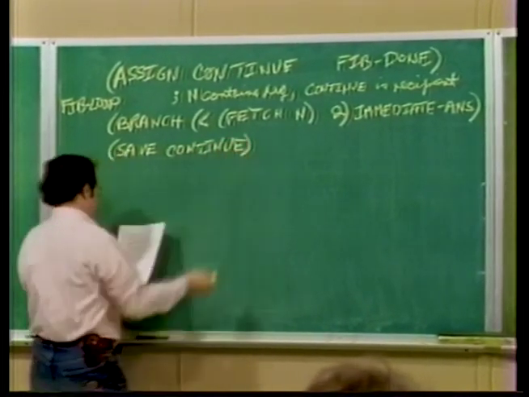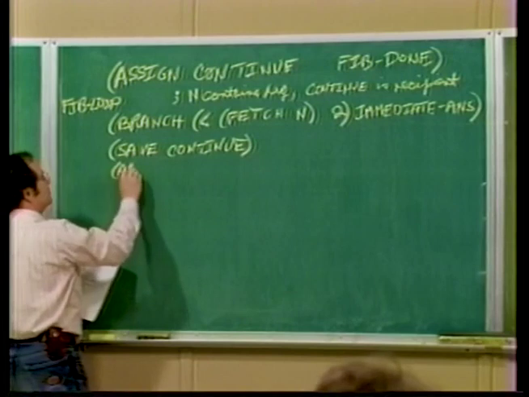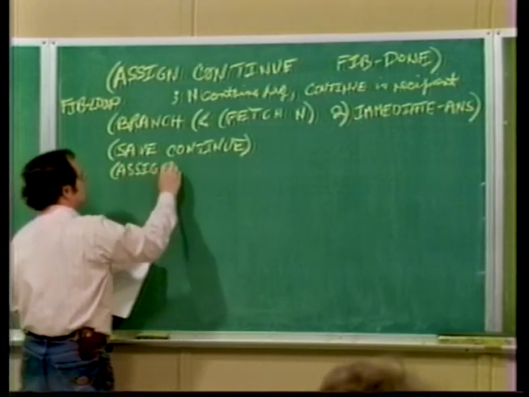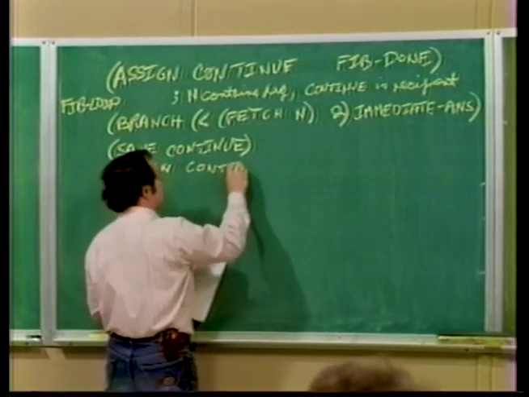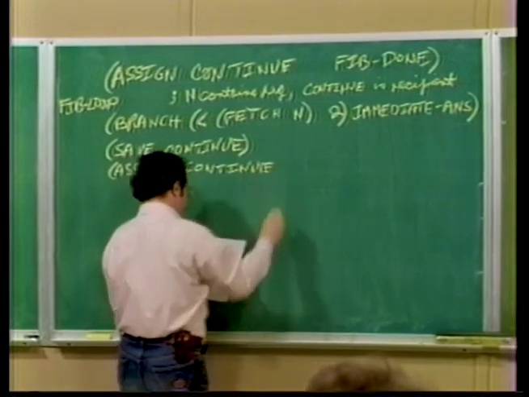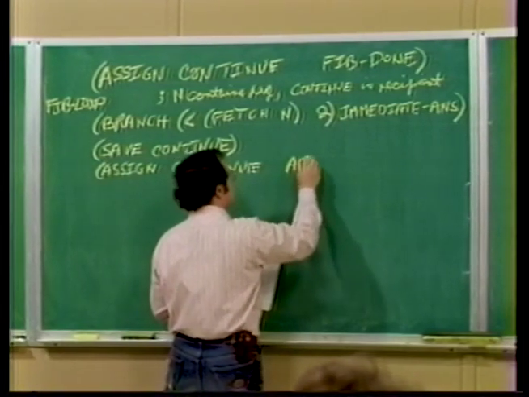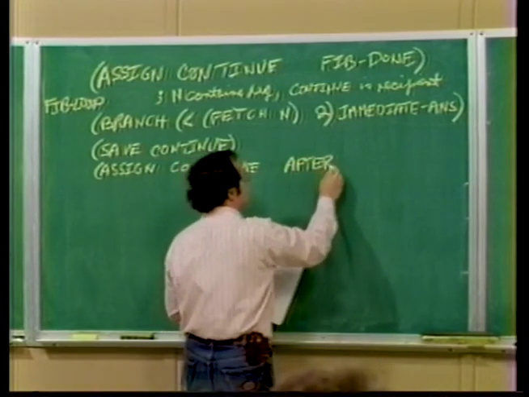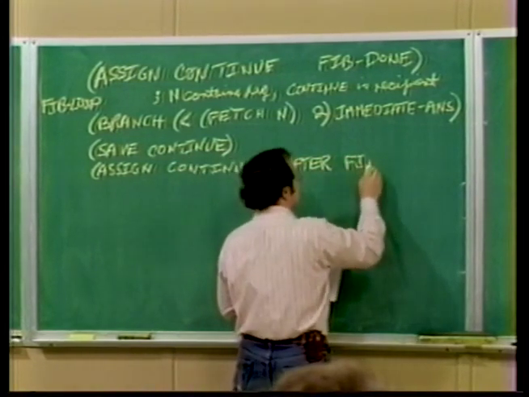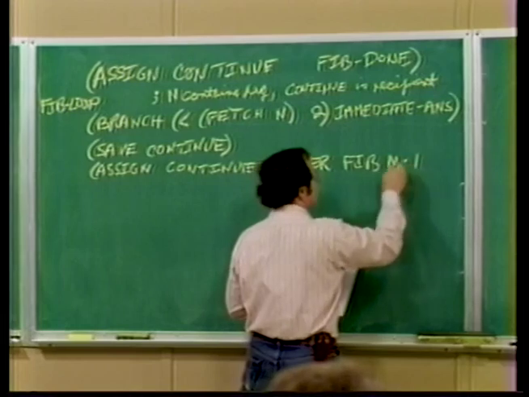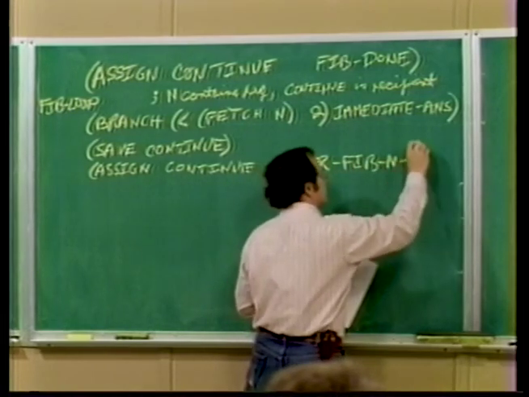And the reason I'm doing that is because I'm about to assign continue to the place which is the place I want to go to after, let's call it fib n minus 1. Big long name. Classic Lisp name.